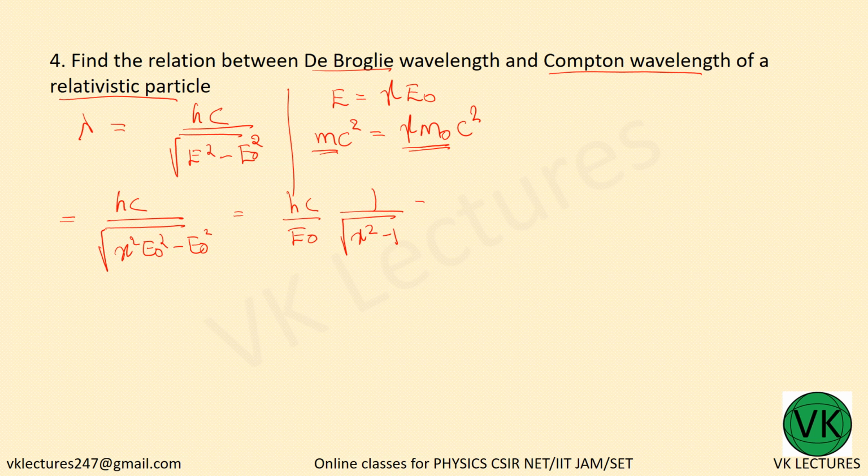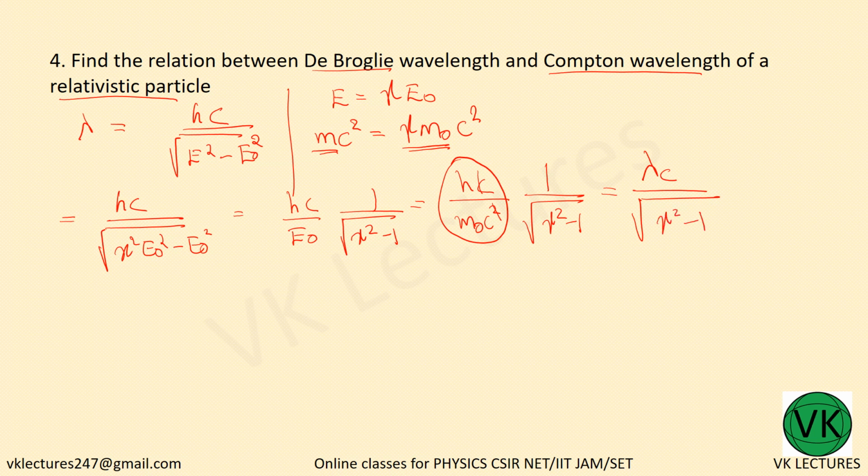So that is nothing but hc divided by m naught c square into 1 divided by under root gamma square minus 1. So c and c get cancelled. What is h by m naught c? This h by m naught c is nothing but our lambda c, which is the Compton wavelength. So we get lambda c divided by under root gamma square minus 1. Now what is gamma square minus 1? Gamma square minus 1 is equal to 1 divided by 1 minus v square divided by c square, minus 1.